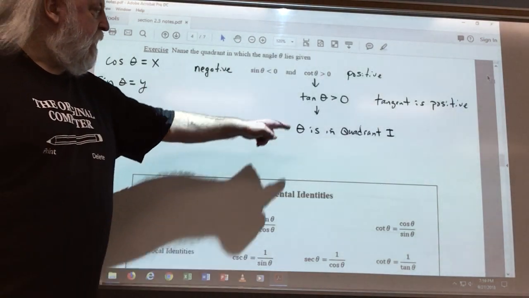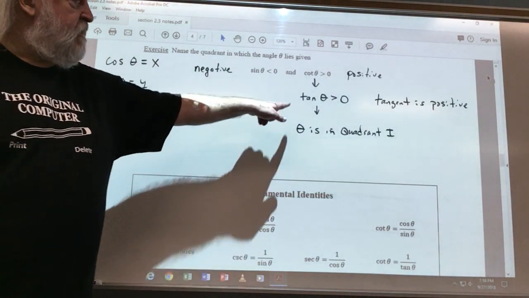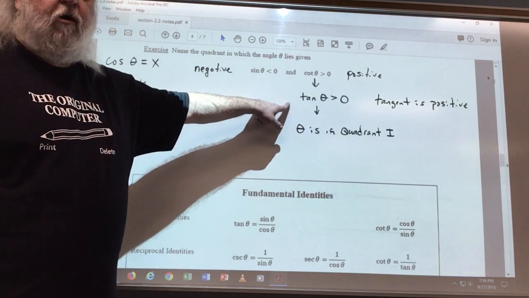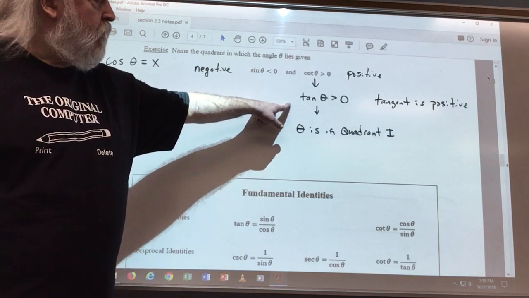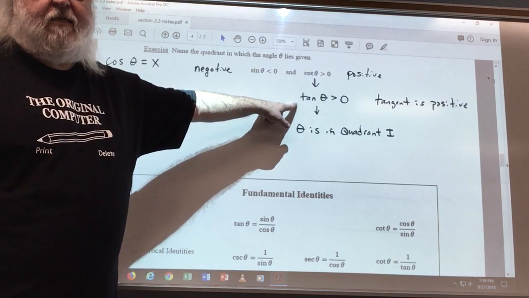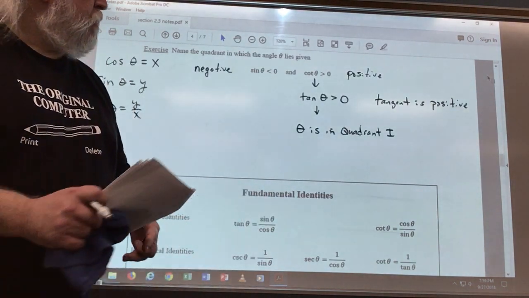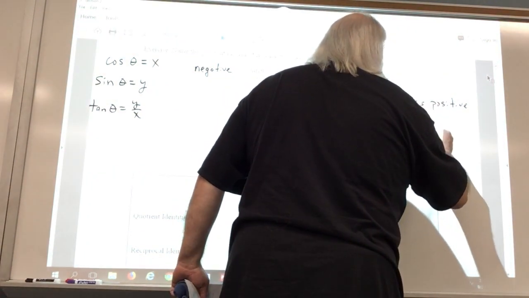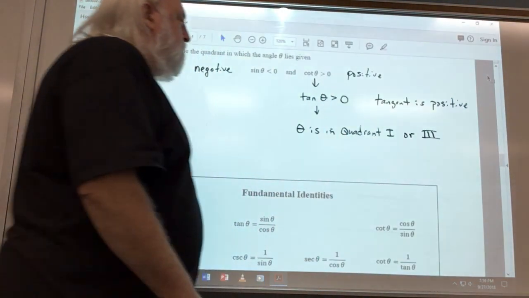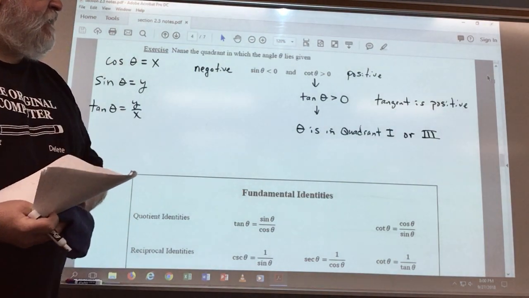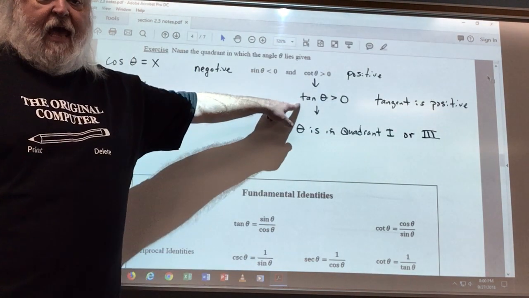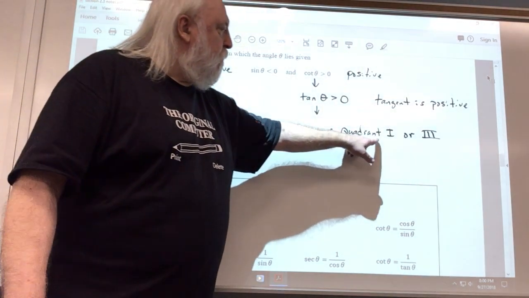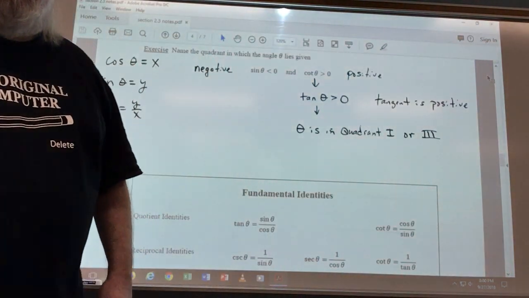And from the previous page, only sine is positive in quadrant 2, and only cosine is positive in quadrant 4, but only tangent is positive in quadrant 3. So the angle theta could be in quadrant 3. So just based on the tangent function having a positive value, the angle theta has to either come from quadrant 1 or quadrant 3. Okay.